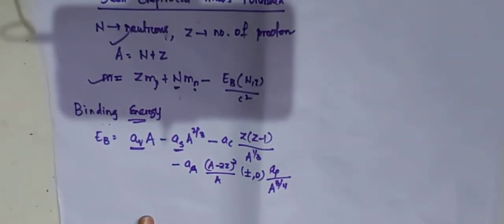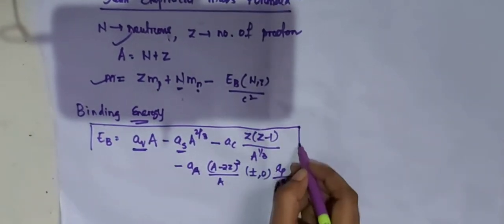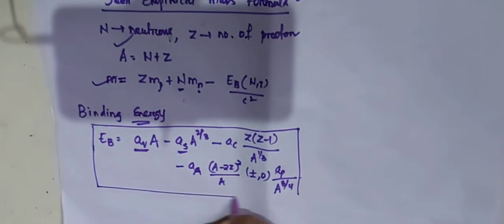And A is the mass number, we know that. I hope you know this formula. This is known as the semi-empirical mass formula.